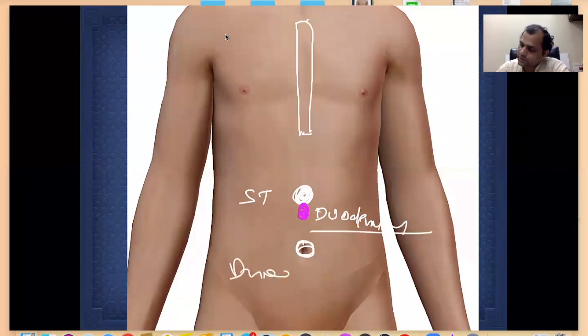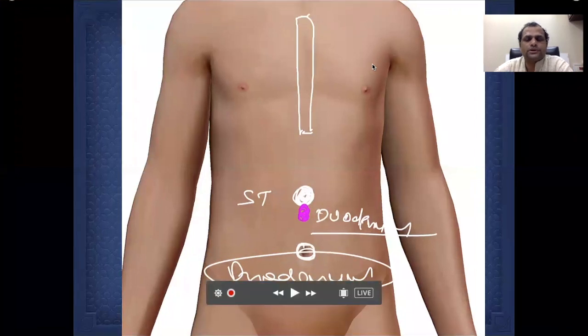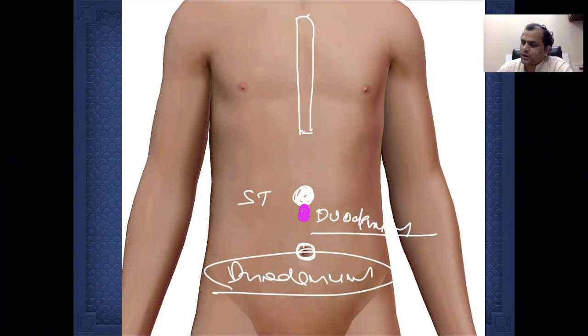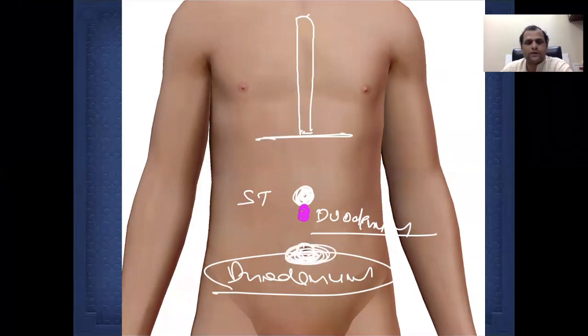What is the duodenum? As soon as we eat food, it goes through the food pipe, then into the stomach, and after the stomach it goes into the duodenum. The duodenum is the first part of the small intestine. So in this way, we have to see the lower end of the sternum and the navel, and just in between we have the stomach point.